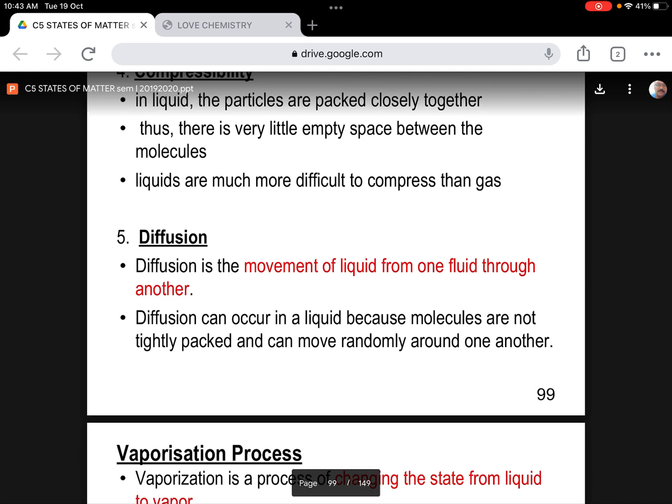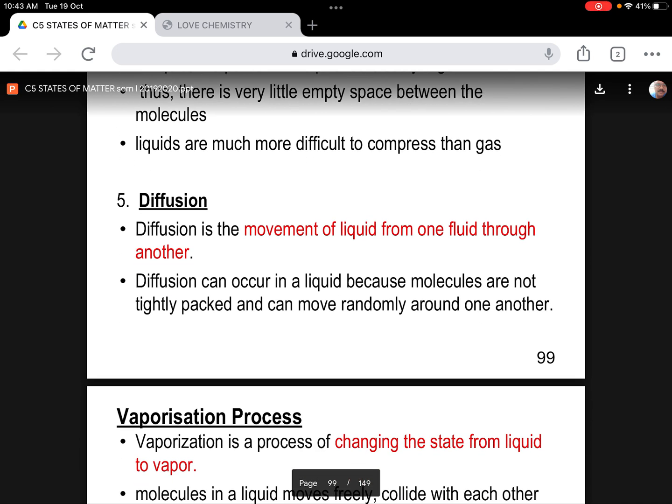The fifth property is diffusion. Diffusion is the movement of one fluid through another. Diffusion can occur in liquid because molecules are not tightly packed and can move randomly around one another. This is also applicable to solid, but diffusion in liquid is much faster because it's not tightly packed.